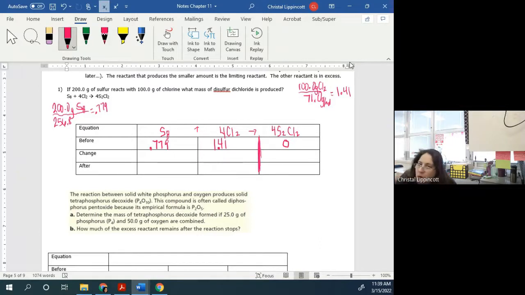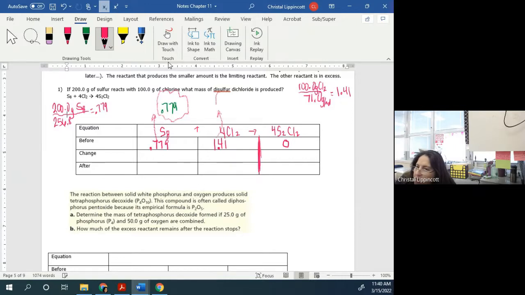All right. So the next thing that we are going to do is take this and go up into the cloud the way we were before. So 0.779 divided by 1 is 0.779. I'm going to make another cloud this time.